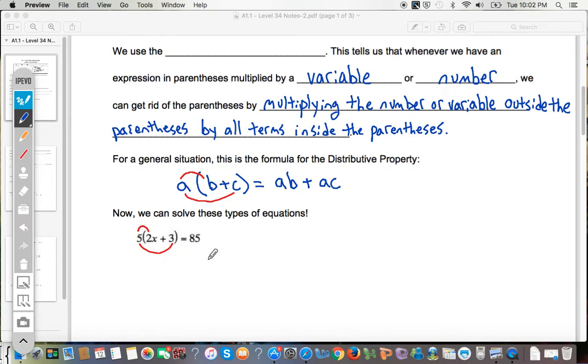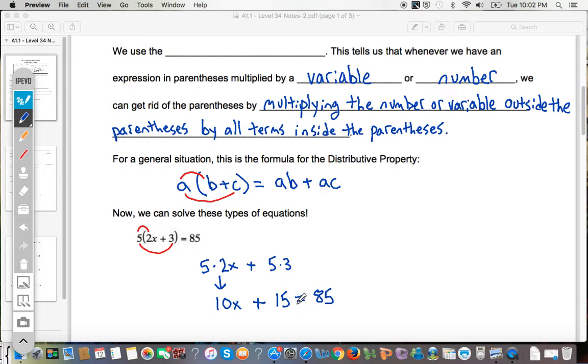So what's 5 times 2x? That would be 10x. Plus 5 times 3. And what's 5 times 3? That's 15. And of course I'm going to bring down this plus sign right here. That does not change in this example. And then of course I have my equals 85.